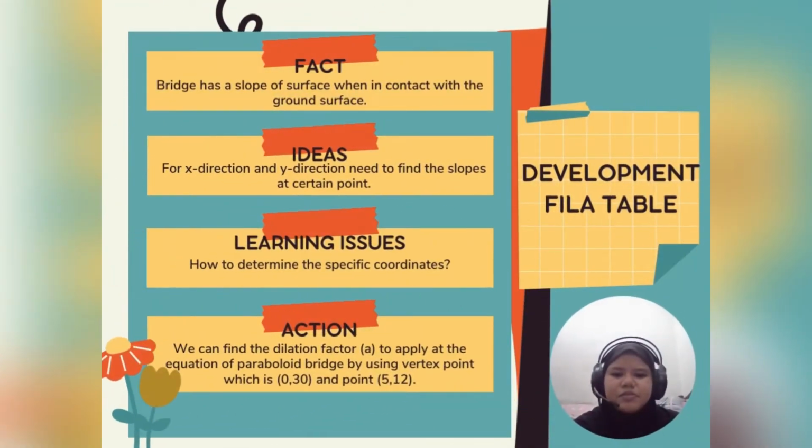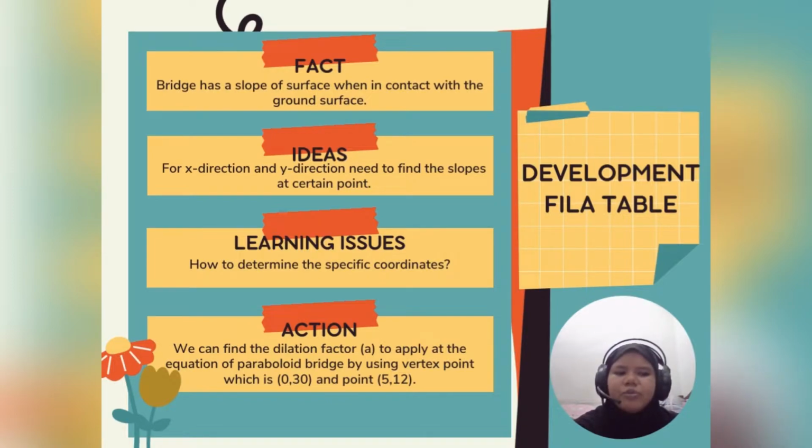The second fact is bridge as a slope of surface when it's contact with the ground surface. The idea from this fact is for x direction and y direction need to find the slope at certain point. The learning issue that we can learn from this idea is how to determine the specific coordinate. The action that we can take from this idea is we can find the dilation factor, which is a, to apply at the equation of parabolic bridge by using vertex point, which is 0, 30 and 0.512.